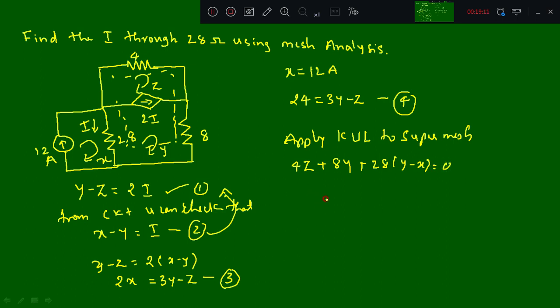So again x value you know, so it becomes 36y plus 4z is equal to 28 into x.